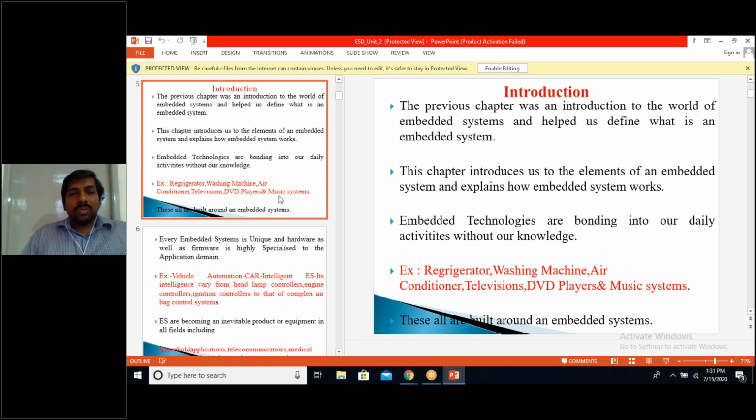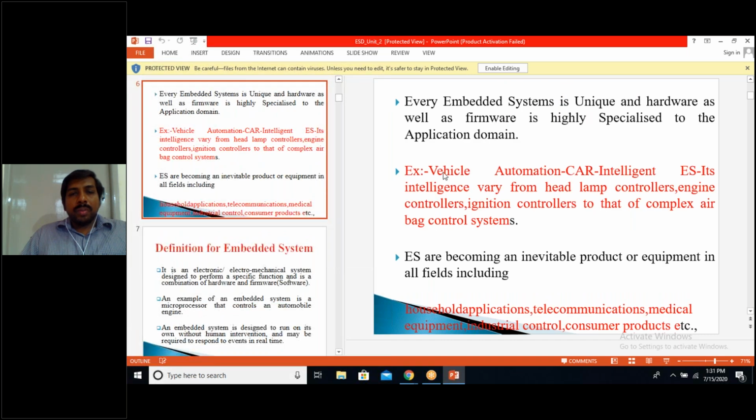These are household appliances built around embedded systems. All embedded systems have hardware and software. This hardware has the capacity to implement a specific task based upon a program given in firmware as application software. So an embedded system is a unique one.